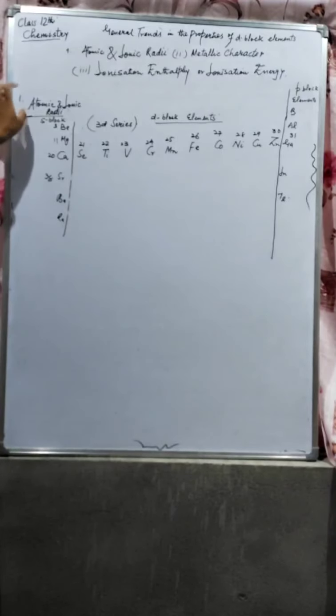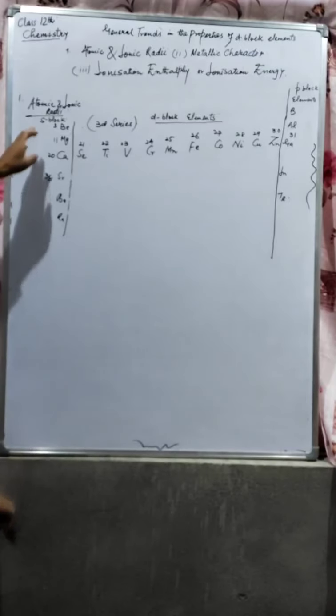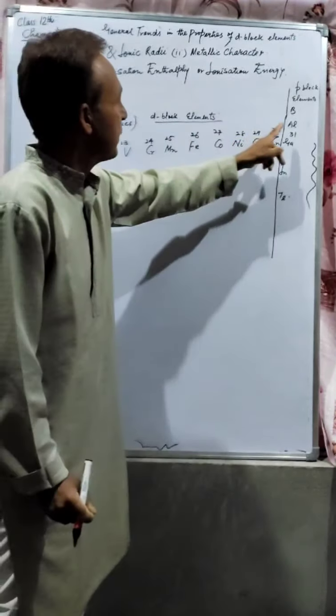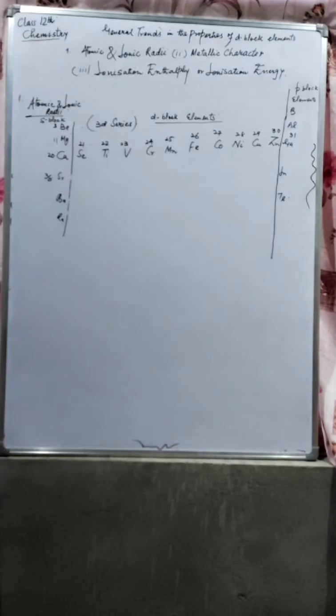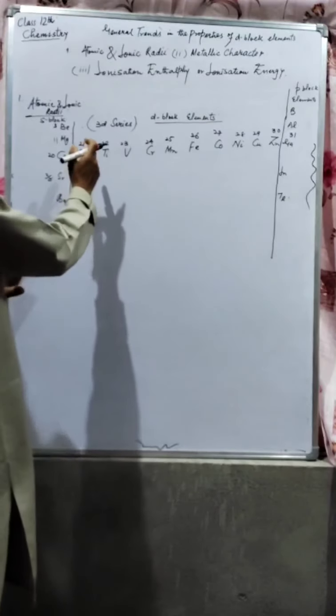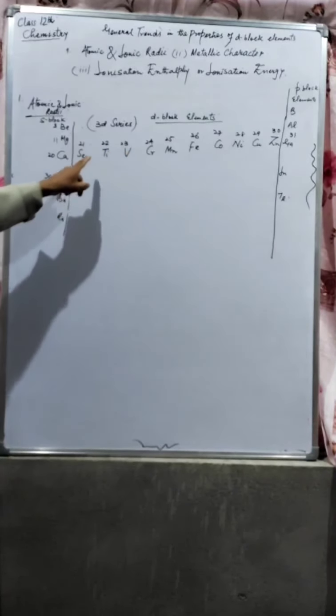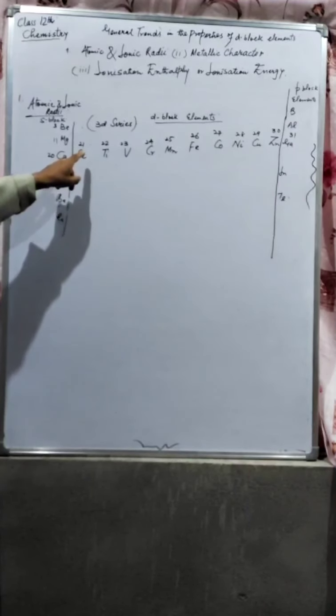Now the atomic radii of the transition elements lie in between the s block elements and the p block elements, and along the series the atomic radii of these transition elements decrease.